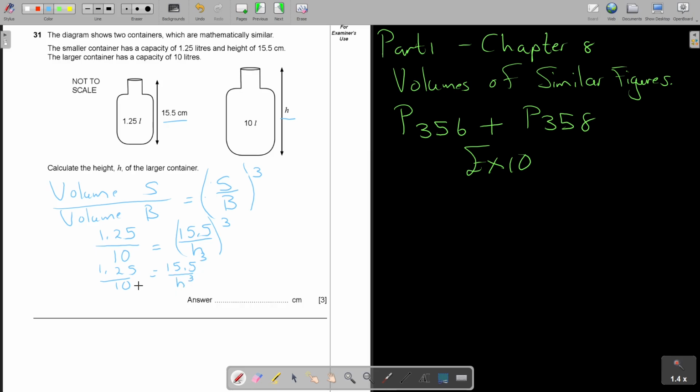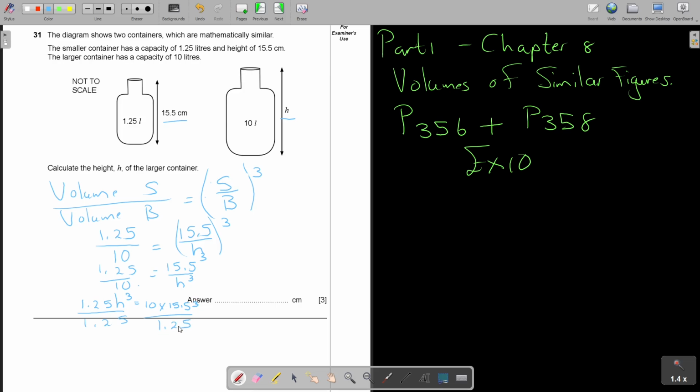Now I can cross multiply. So it's 1.25 h cubed equals 10 times 15.5 to the power of 3. Okay, so basically I can just divide by 1.25, and I divide by 1.25.